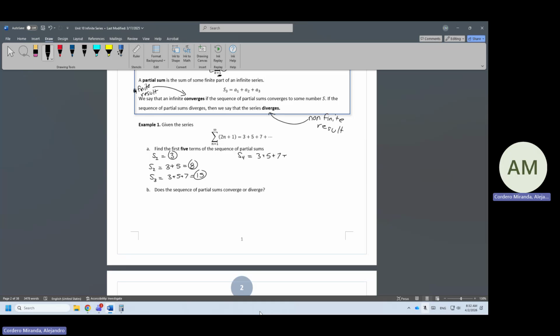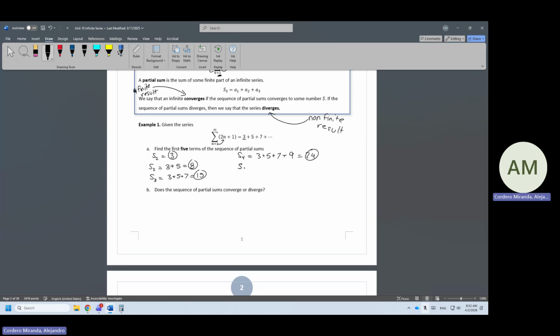Yeah, these are just the odd numbers, but if you didn't know, you could plug in 1 into this: 2 × 1 + 1 is 3. Then plug in 2: 2 × 2 + 1 is 5. Then 3, then 4, and that's how you get all the terms, in case you forgot how sigma notation works. And that would give me 24, right?